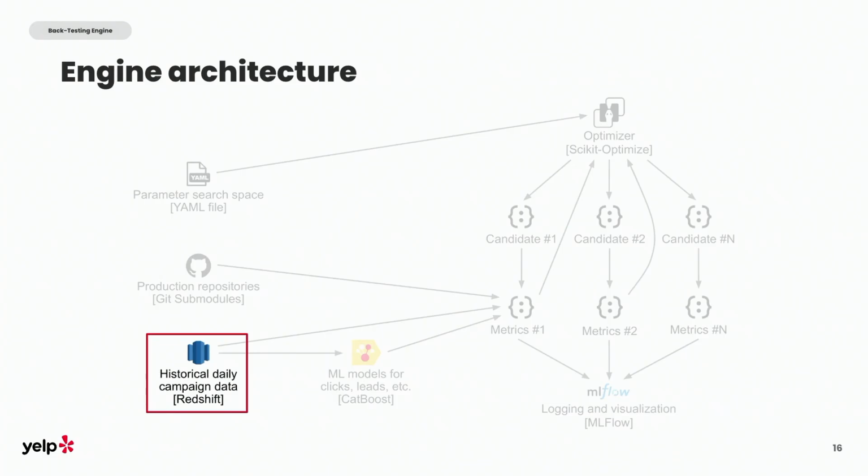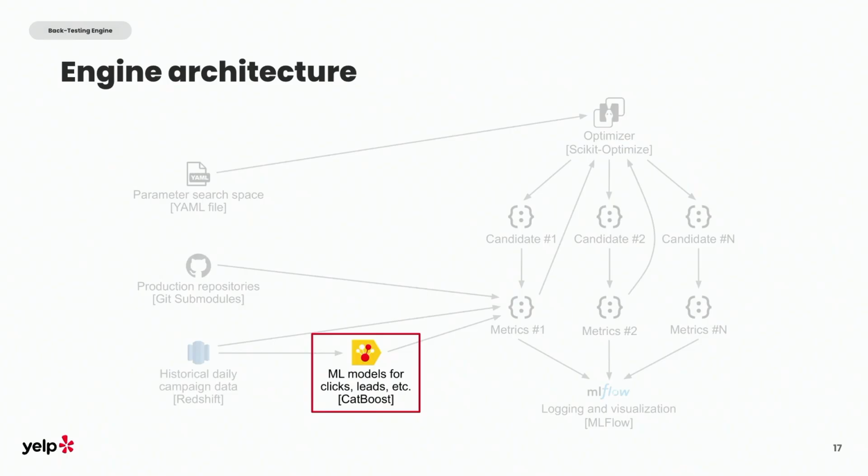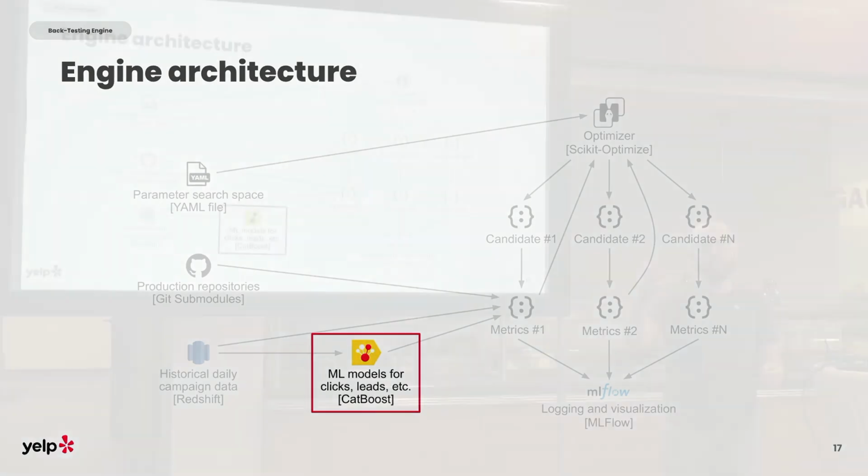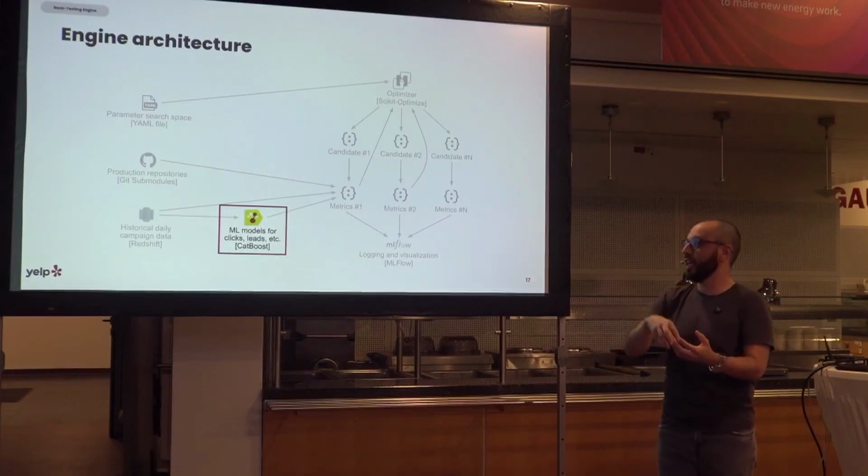But of course, we have to simulate things. The problem is that if we take historical data and we see that on that day, that campaign had a budget of $10, we know how many impressions and how many clicks that campaign got on that day.